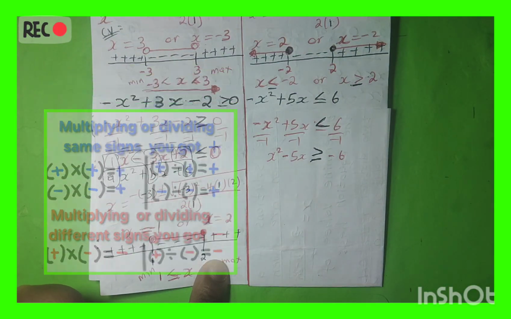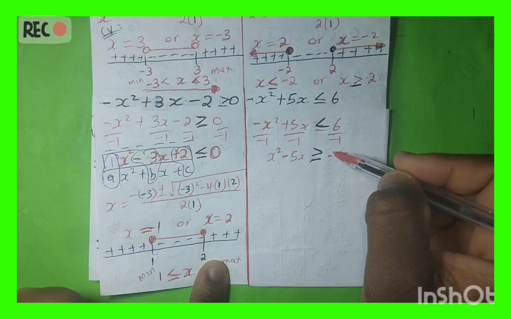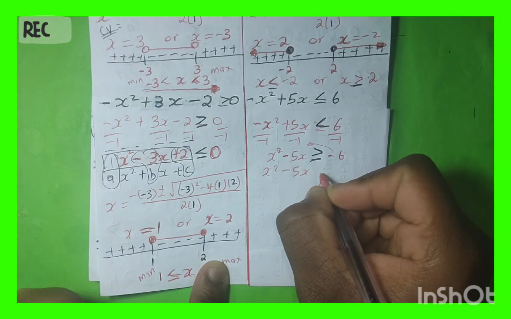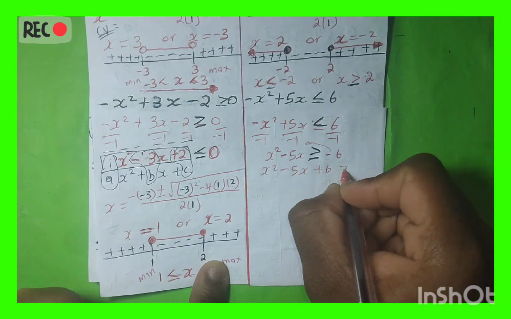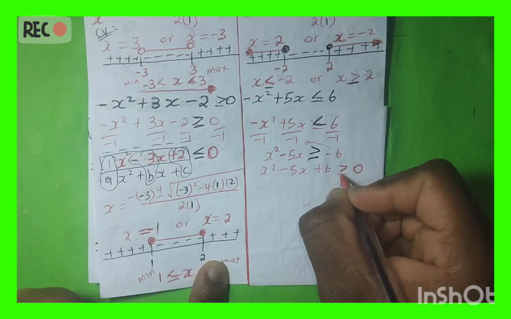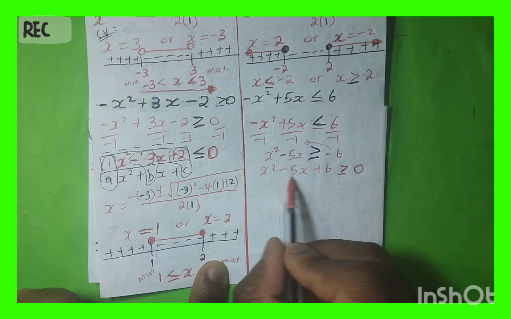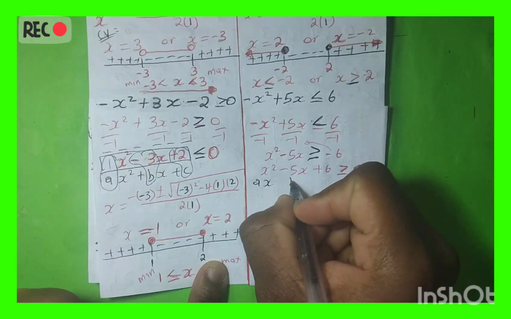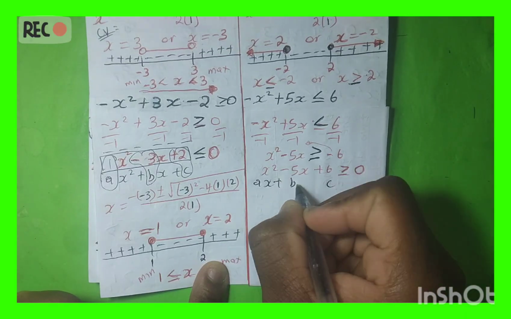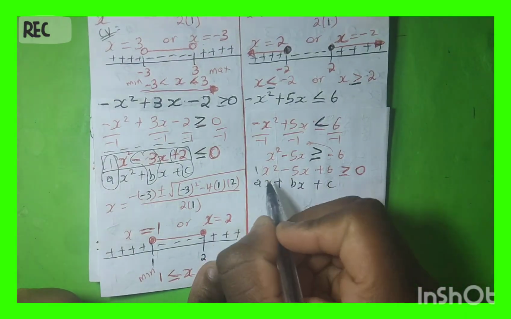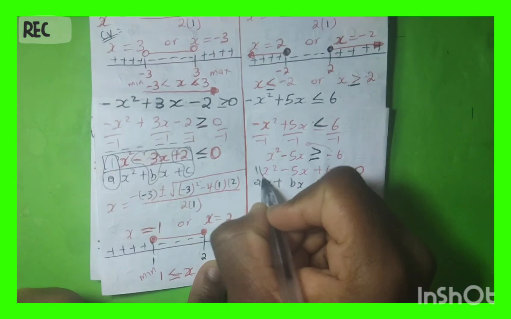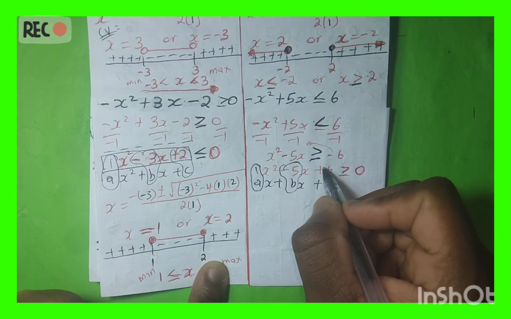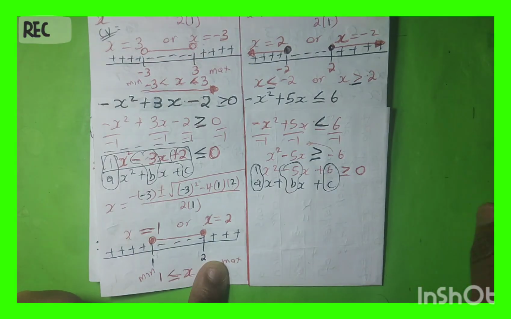And now in this case, I will take everything to one side, trying to make the equation be represented by 0. That 0 represents the equation, and I'm able to identify a, b, and c. This thing is in this form. Our a is invisible 1, our b is -5, then our c is 6.